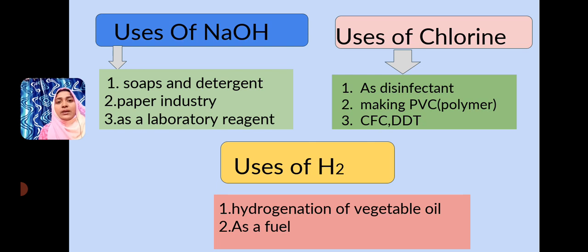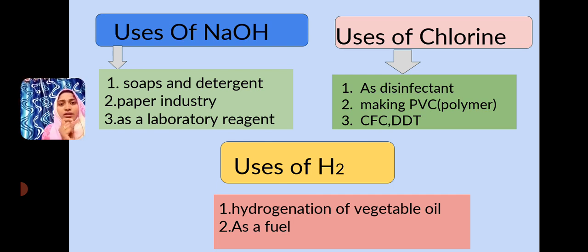It is used in making PVC, that is a polymer, and it is useful in the production of CFC, chlorofluorocarbon. It is very harmful. It is being prepared on a daily basis and increasing more and more, where the ozone layer is getting depleted. This is one of the major things.